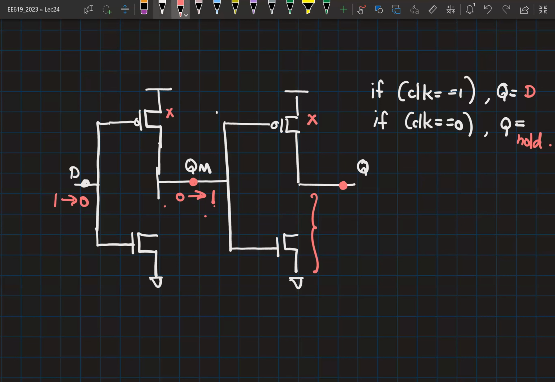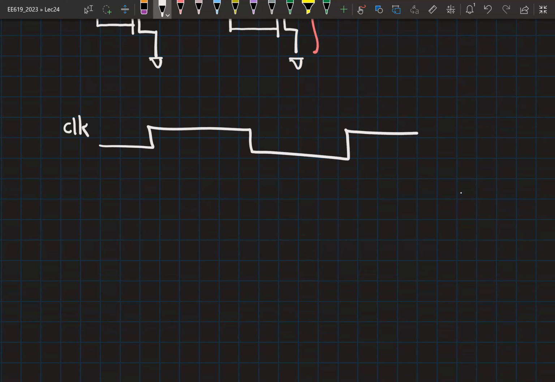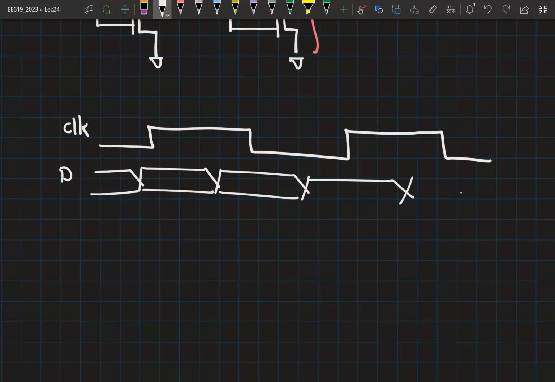So let me give you two conditions, right? So let's say this is your data. I'm going to call this D1, D2, D3, D4, and D5.